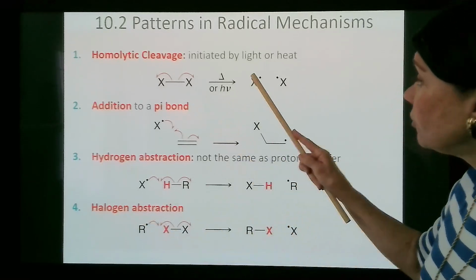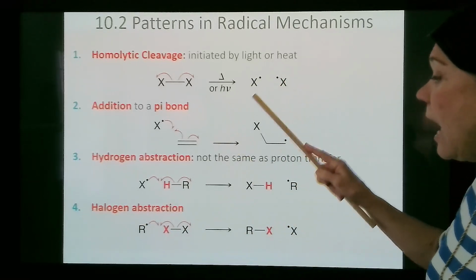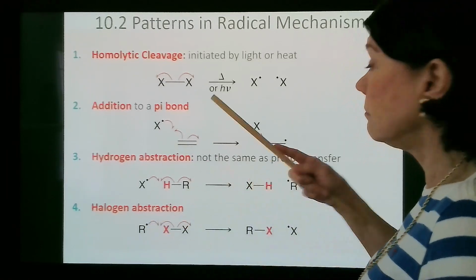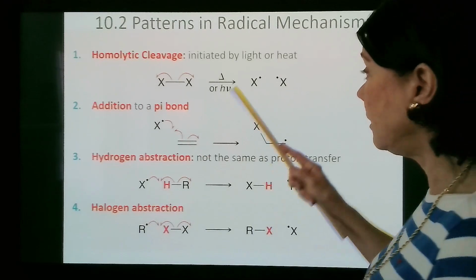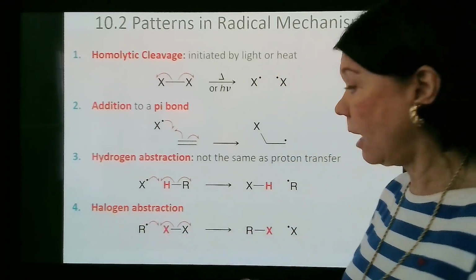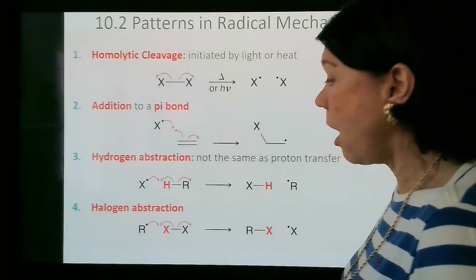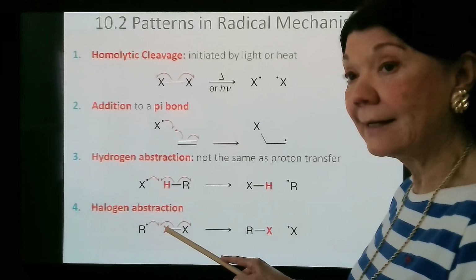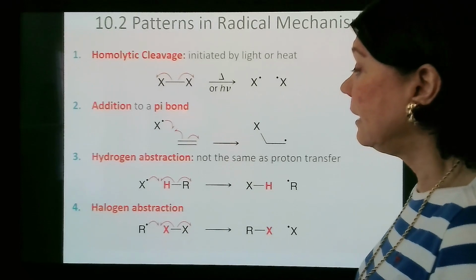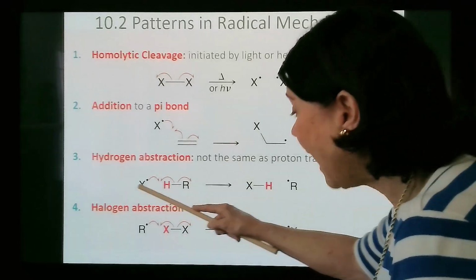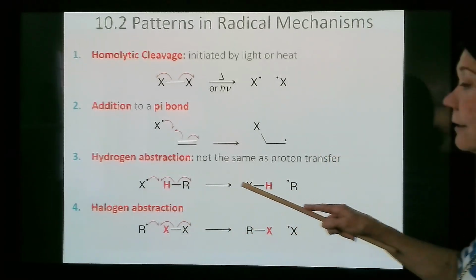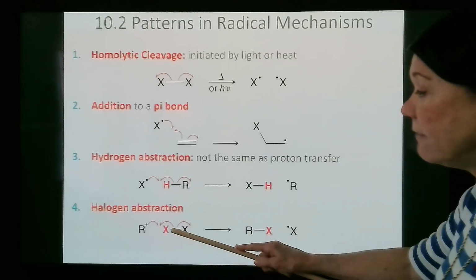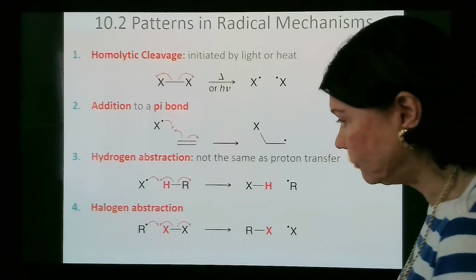Now, you can also have halogen abstraction. So here we've got R dot. It's another radical. It doesn't have to always be X dot. So here we've got R dot that is going to abstract X dot, where X is a halogen. So this is exactly analogous to the hydrogen abstraction, except down here you're having a halogen abstraction.